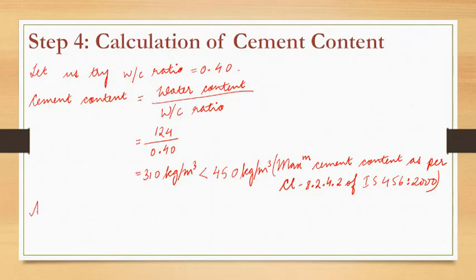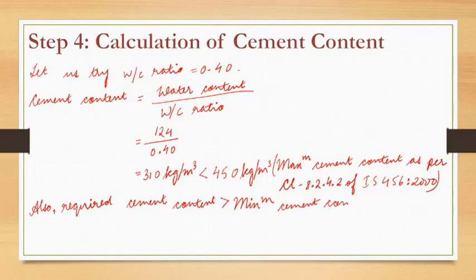So we can write down also, required cement content, that is 310 kg per meter cube, is greater than the minimum cement content.